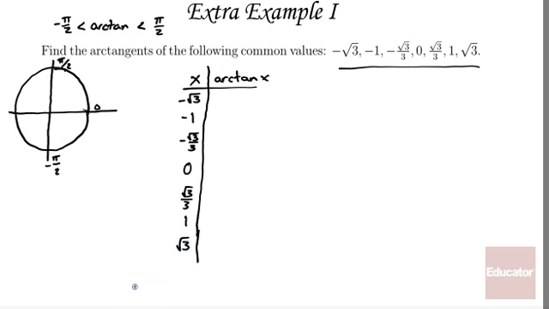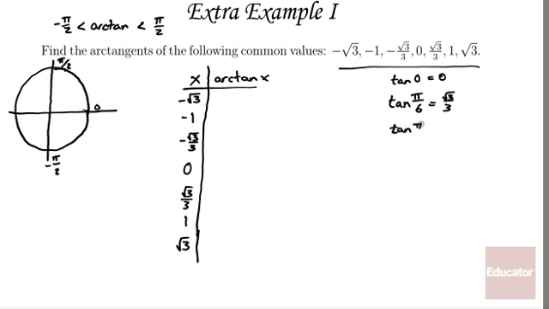Now, it's really useful if you can remember some common values of the tangent function. For example, tangent of 0 is 0. Tangent of pi over 6 is sine of pi over 6 divided by cosine of pi over 6, which works out to root 3 over 3.